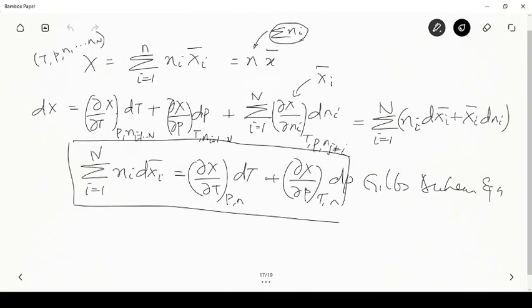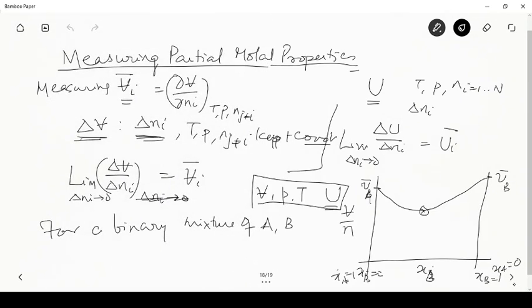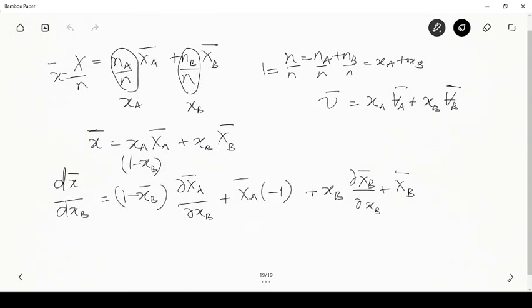So when pressure and temperature are kept constant, the summation of Ni dXi bar will be 0. At constant T and P, I get the summation from i equal to 1 to n of Ni dXi bar equal to 0. And if I write this for a binary mixture, it will be Na dXa bar plus Nb dXb bar equal to 0. That is basically what we will need here.